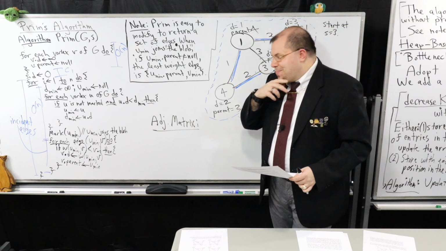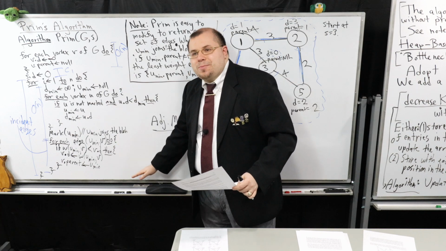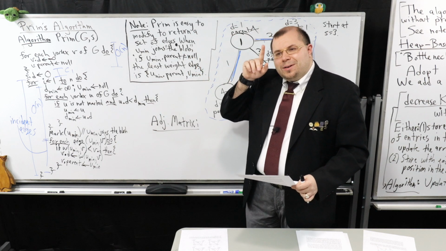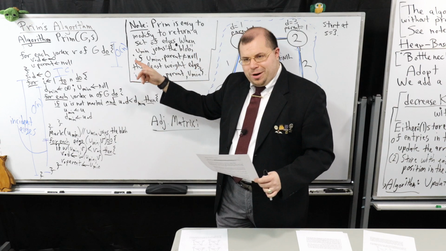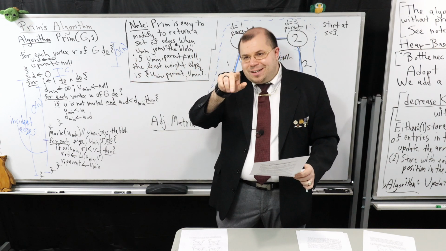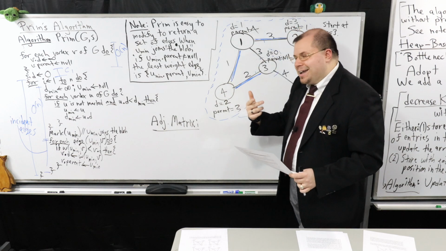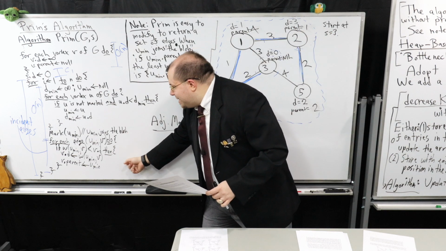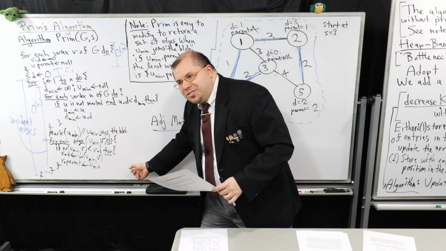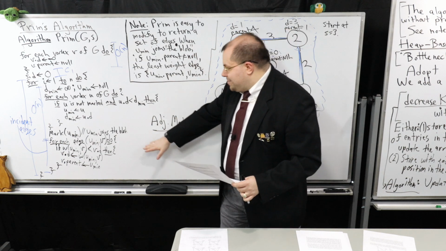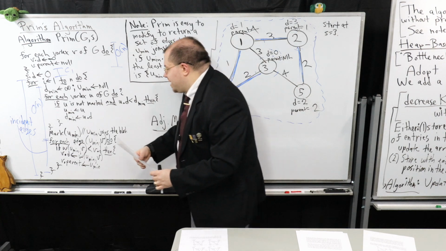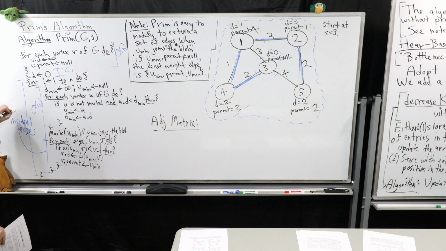So think about it. Remember, I'm just looking at the innermost loop part. I haven't yet incorporated everything. But most certainly you're going to end up with something that looks quadratic if computing the incident edges, where I go through each one, takes linear time, right? In an adjacency matrix, the incident edges take big O of n to compute.